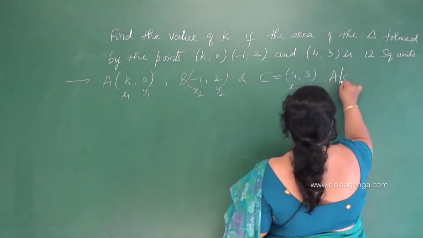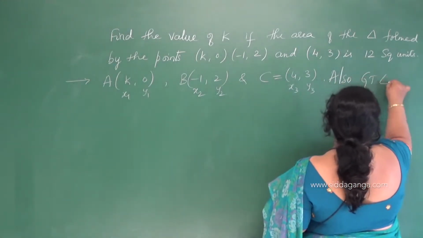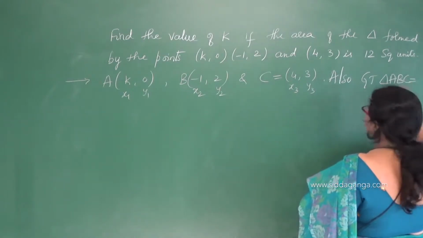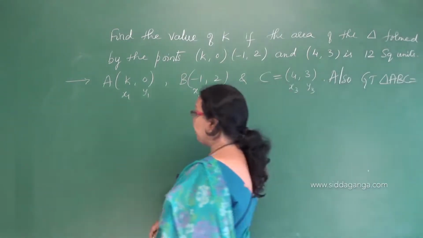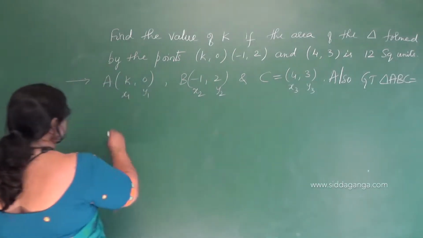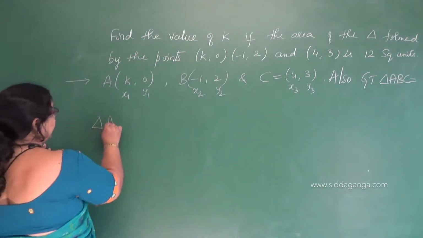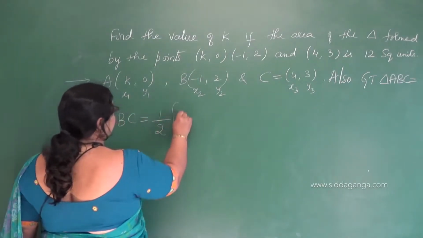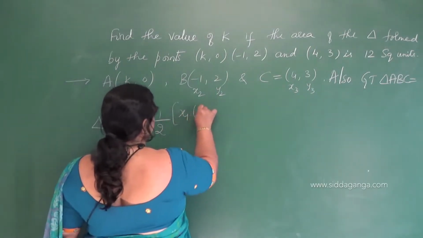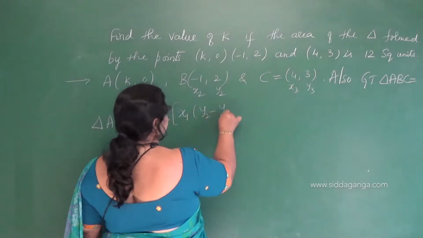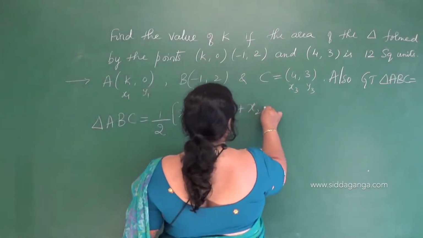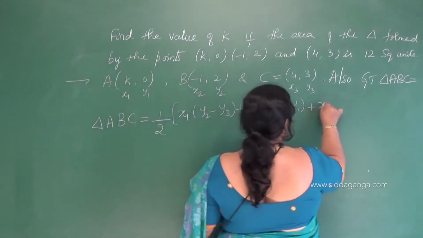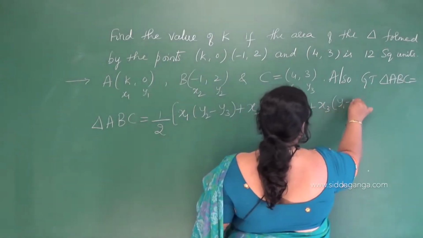Also it is given that area of the triangle ABC equal to 12 square units. Now you write the formula, that is area of triangle ABC equal to half of x1 into (y2 minus y3) plus x2 into (y3 minus y1) plus x3 into (y1 minus y2).